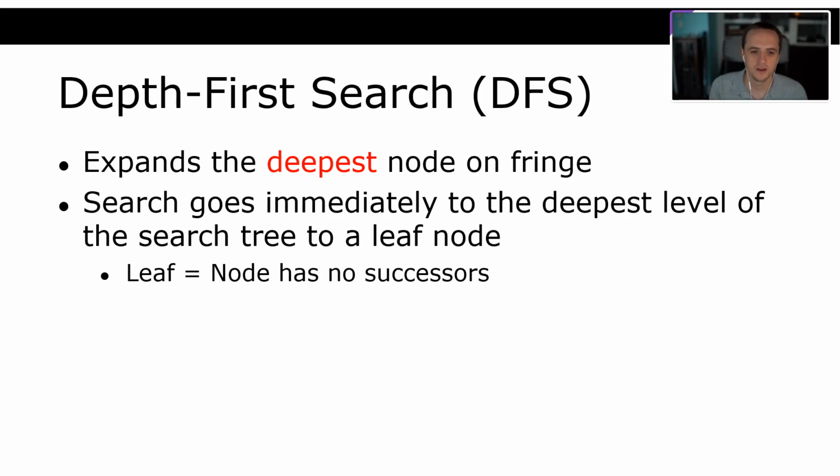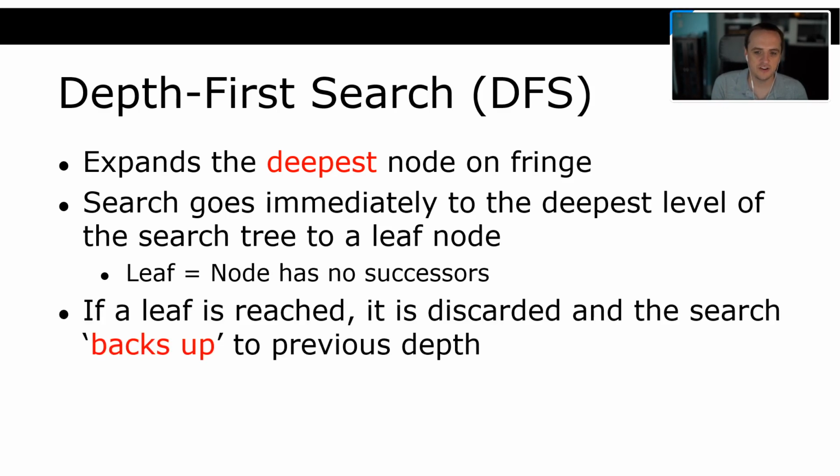All right, so search goes immediately to the deepest level of the search tree to a leaf node, right? We're going immediately to the leaf nodes once they're generated. If a leaf is reached, it's discarded, and then we back up to the previous depth, okay? That's how you can view depth-first search.